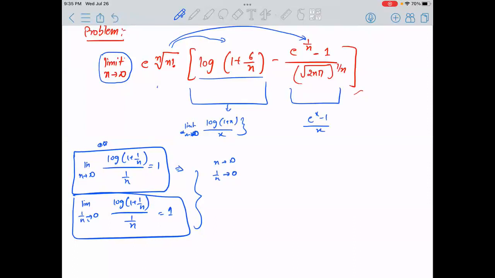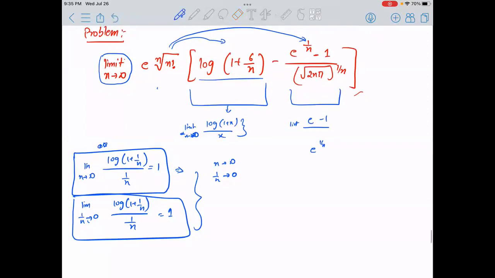Similarly, limit n tends to infinity of e power 1 by n minus 1, divided by 1 by n, equals 1. Agree? Similar to this, because limit 1 by n tends to 0 of e power 1 by n minus 1 by 1 by n equals 1. Are you getting this?